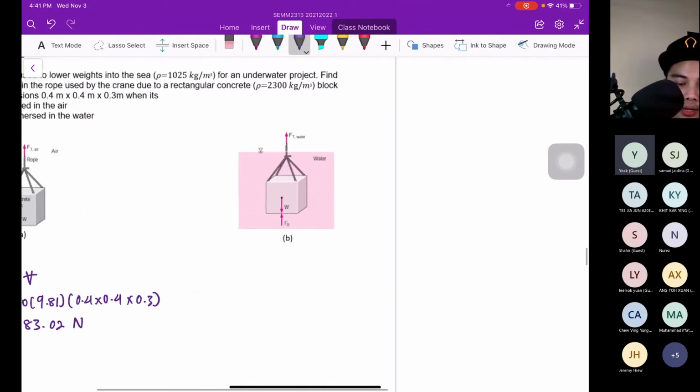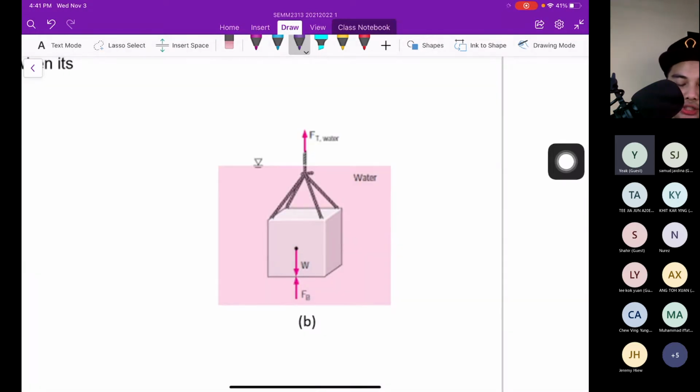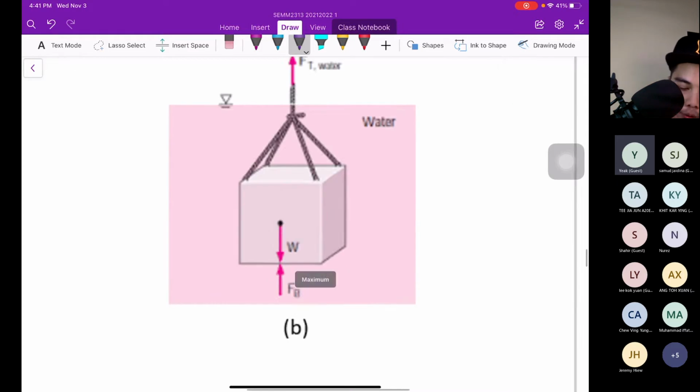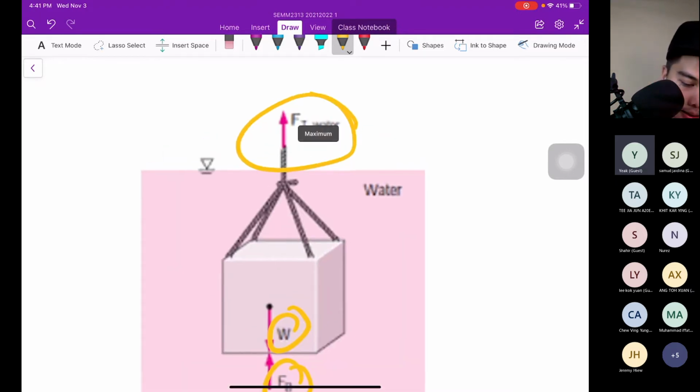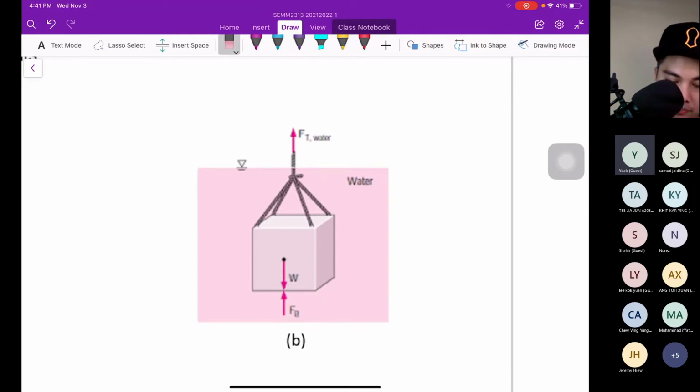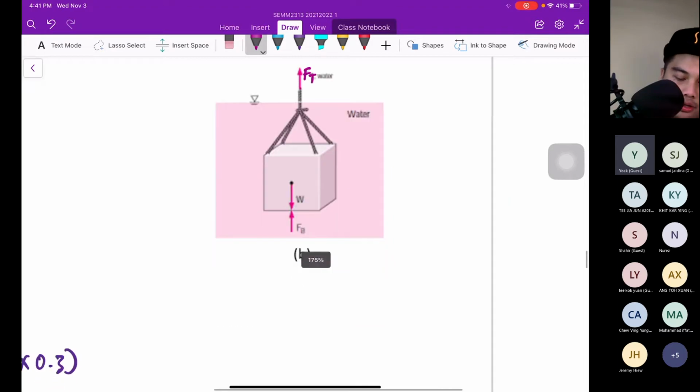However, when this concrete is submerged in the water and you ask the crane operator to pull it up, definitely it will have the buoyancy. You can see here, FB, it has the weight and it has the tension, FT, the tension.